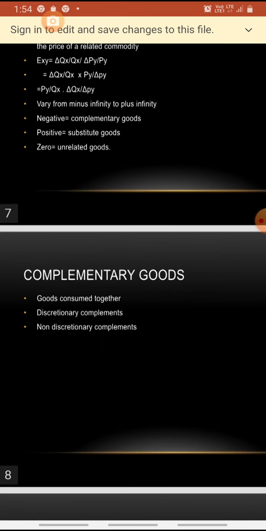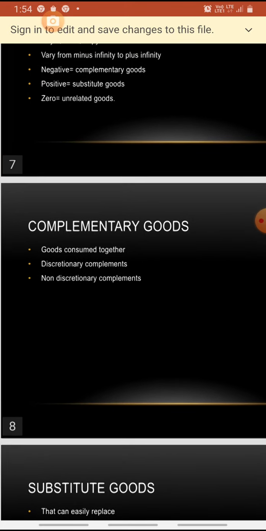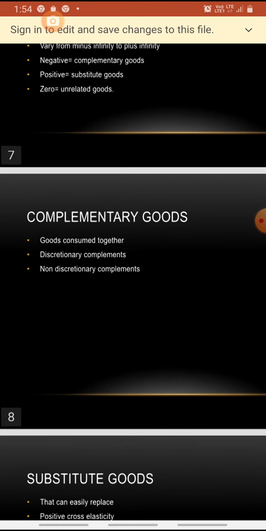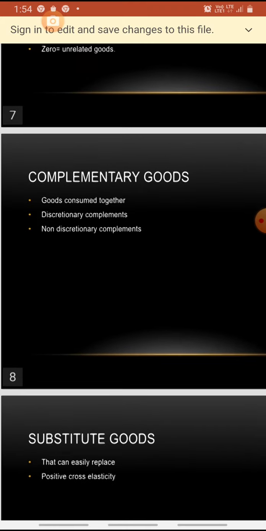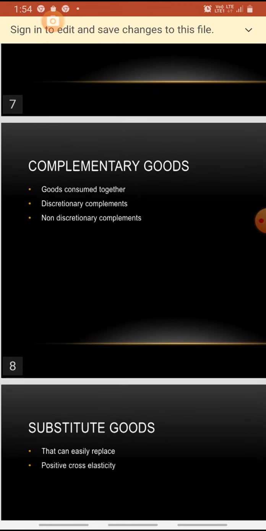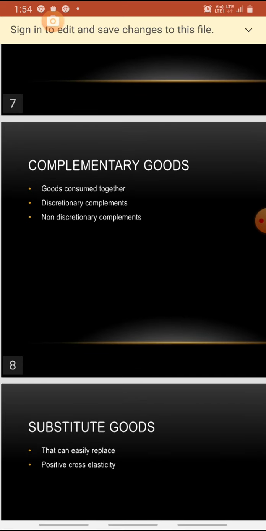Complementary goods are goods consumed together, like car and petrol, or bread and butter. These complementary commodities can be of two types: discretionary complementary goods and non-discretionary complementary goods.